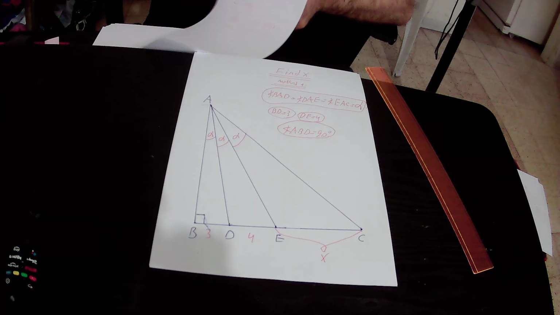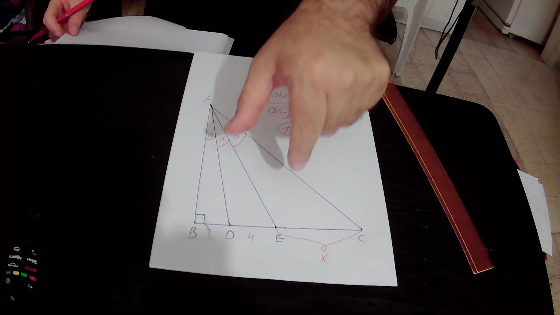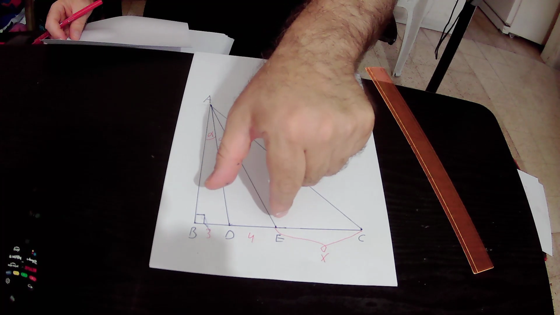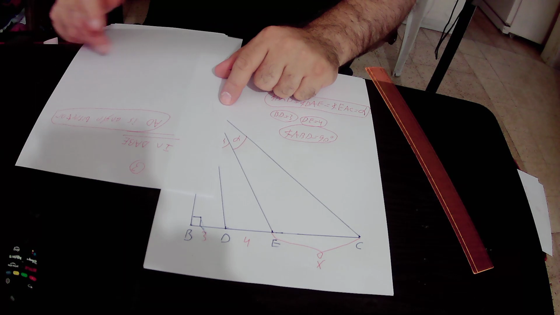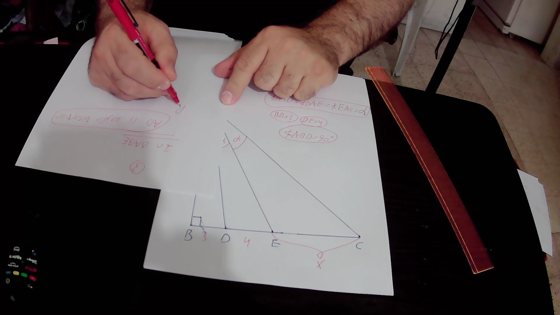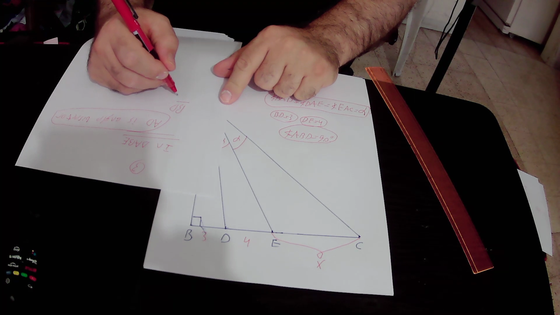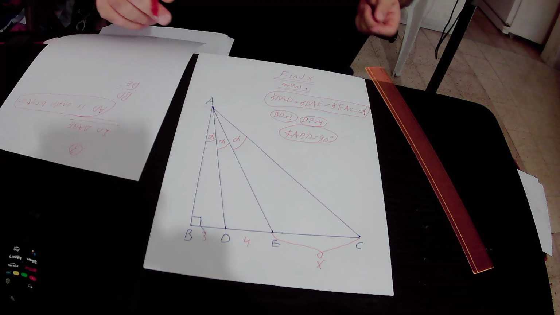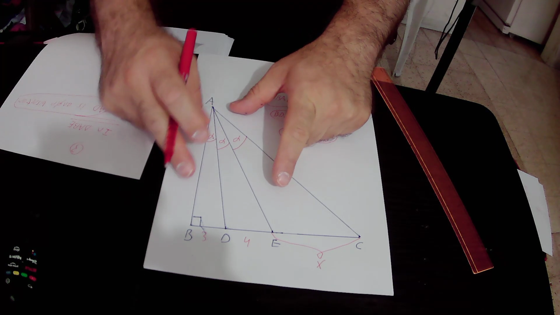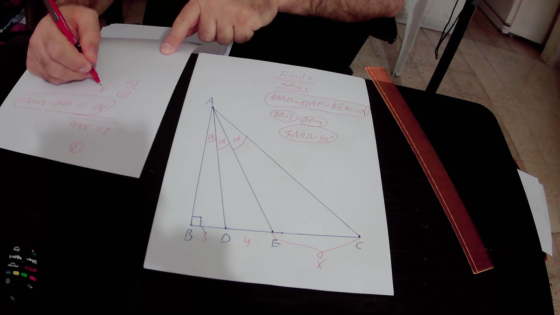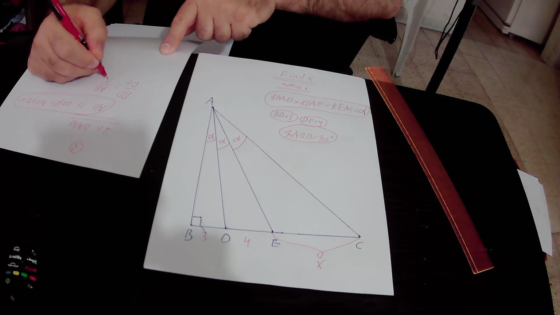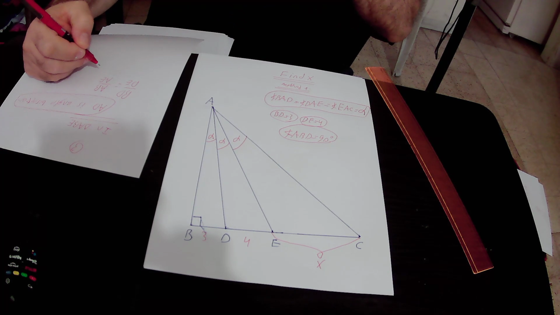Therefore, the angle bisector AD divides the side BE, that is to say BD over DE, in a ratio that equals the ratio between the angle's legs, that is to say AB over AE.